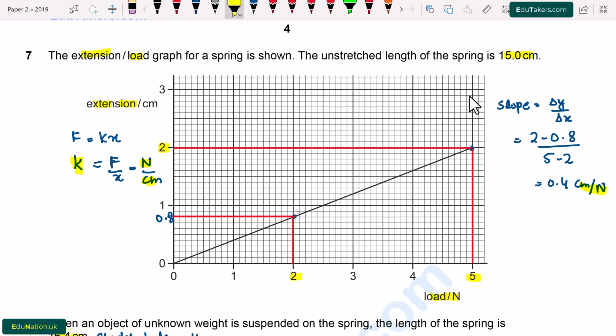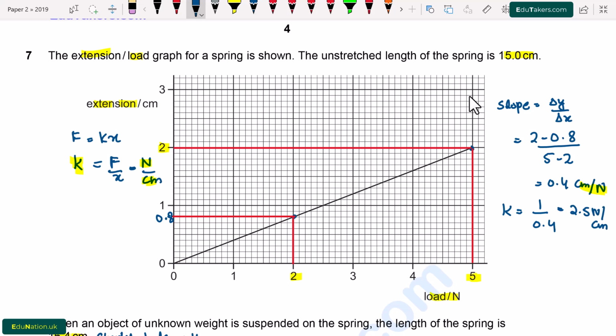The unit in the slope is centimeter per Newton, while in the spring constant Newton per centimeter is the unit. So we just reciprocal the slope in order to find out the value of K. So K will be equal to 1 over 0.4, which is equal to 2.5 Newton per centimeter.